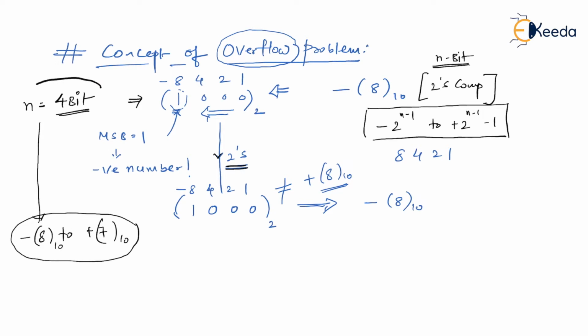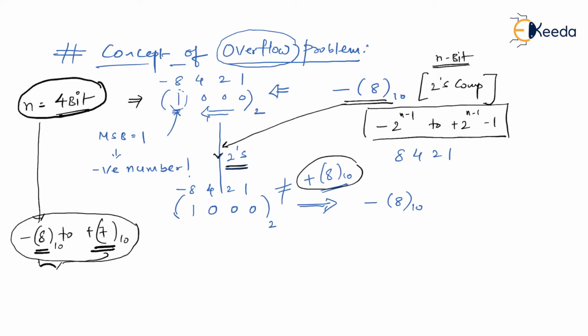Because the capacity of 4 bits is just to represent minus 8 to plus 7. Now you are violating the rule. You had the number originally minus 8, for which you are taking the 2's complement, and you are trying to get positive 8, which is not possible because this positive 8 is not in this range.